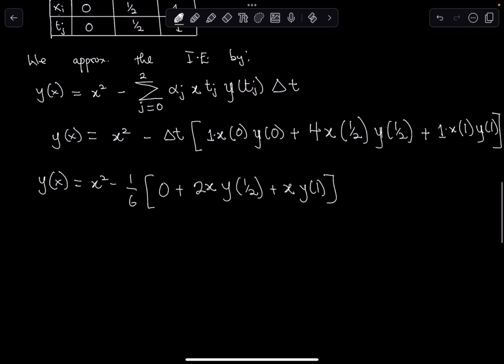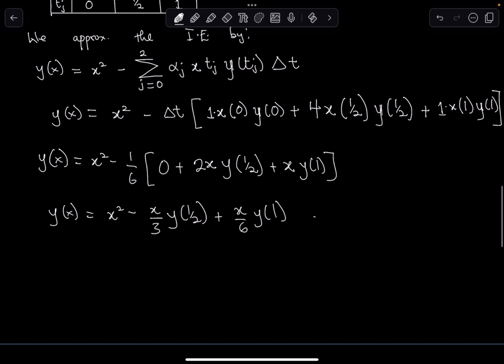Okay, so we can further simplify this, and this is going to be y of x being equal to x squared minus 1 over 6 multiplying, let me just simplify this. I'm multiplying through by the 1 over 6, and that's going to be x over 3 y of 1 over 2 plus x over 6 y of 1.